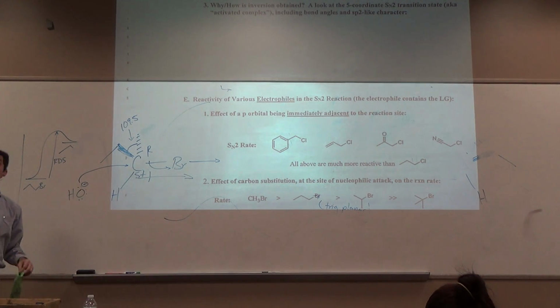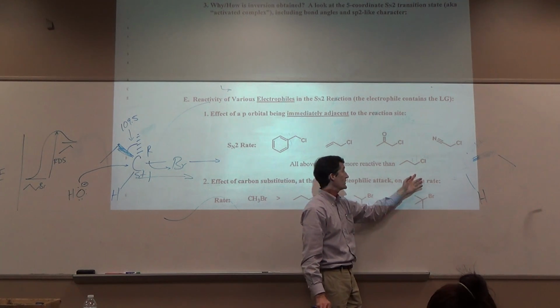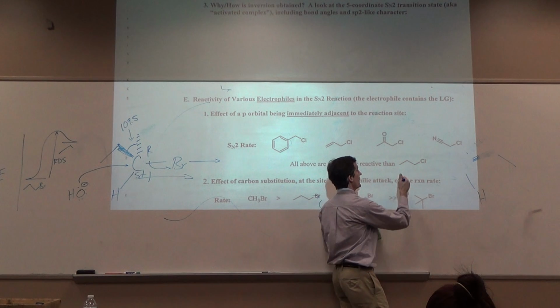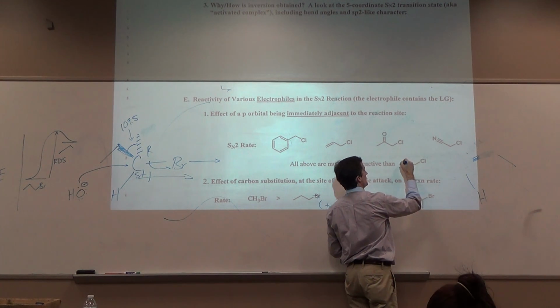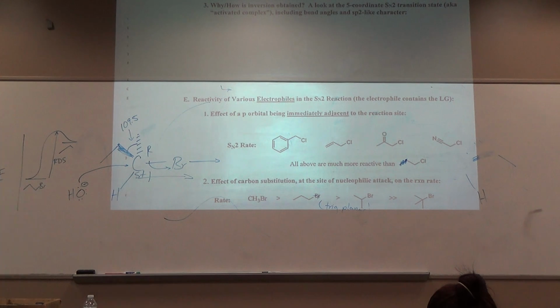World Series just ended, right? Back in the 90s when the Braves were in the World Series, a long time ago. Anybody know what this is? That's ethyl chloride. Anybody know what ethyl chloride is used for in baseball? You ever seen someone foul a ball off their foot and the trainer comes out and sprays something on it?